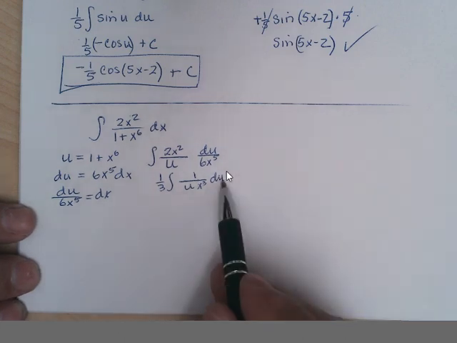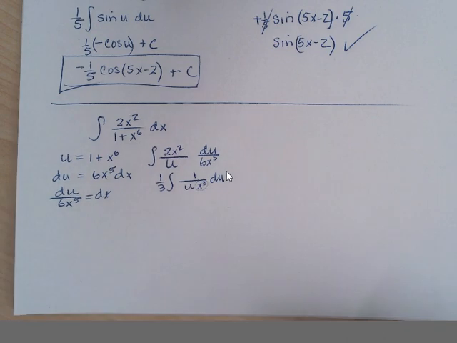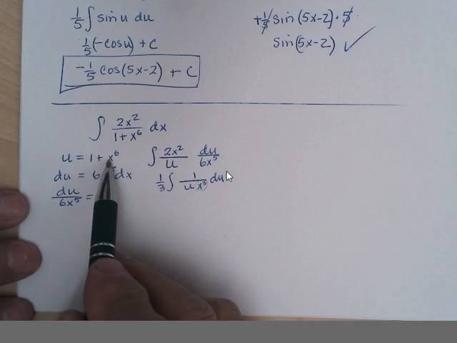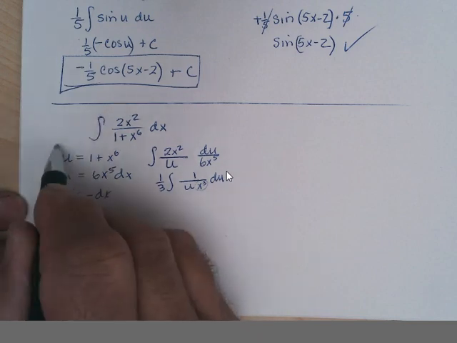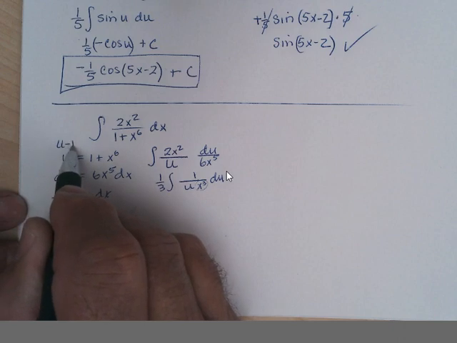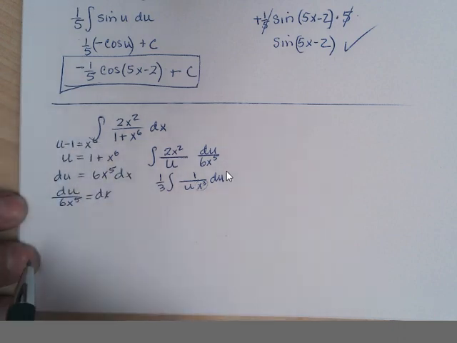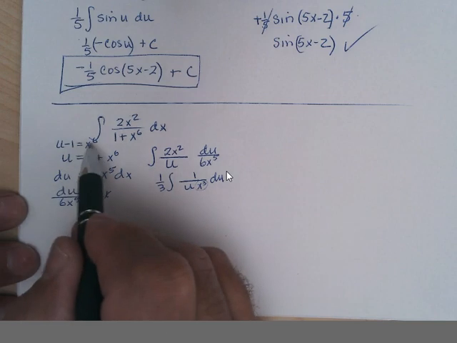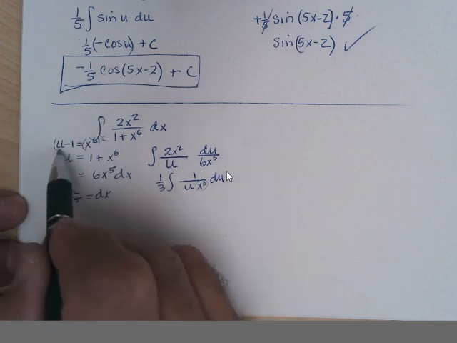Well, if I'm integrating with respect to u, I don't want to mix, so I'd have to convert x to the 3rd into u's. And I could do that up here. I could subtract 1 from both sides, and u minus 1 would be x to the 6th. And to get x to the 3rd, I take the square root of both sides.